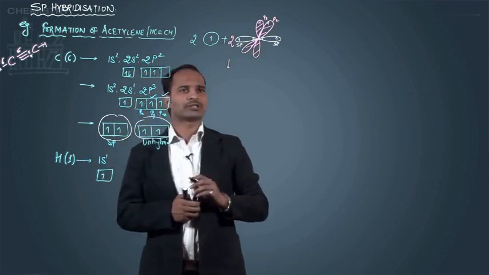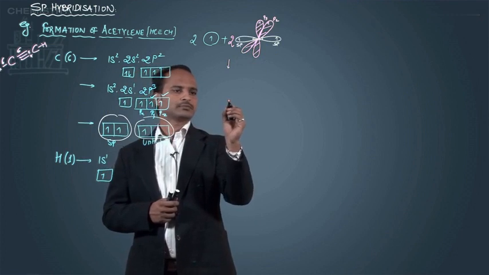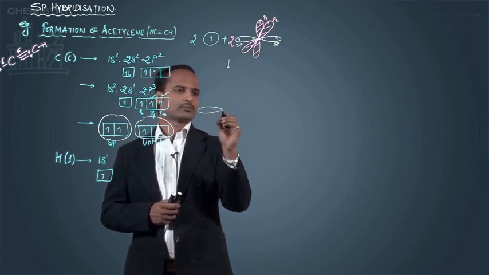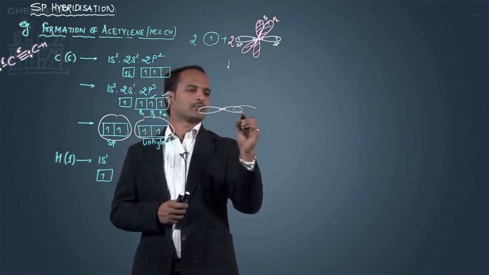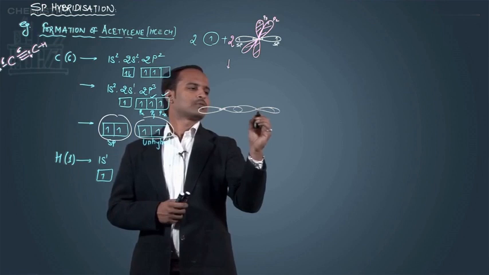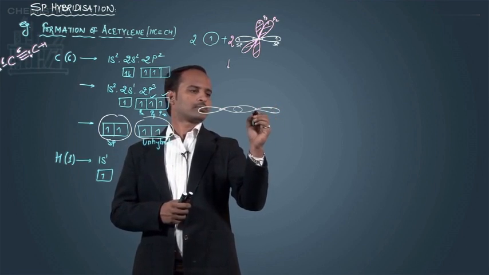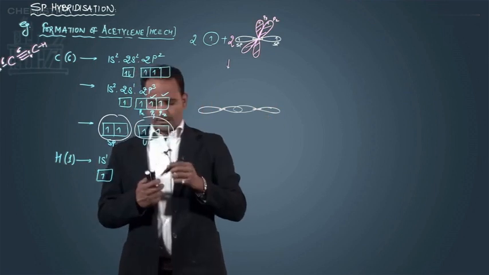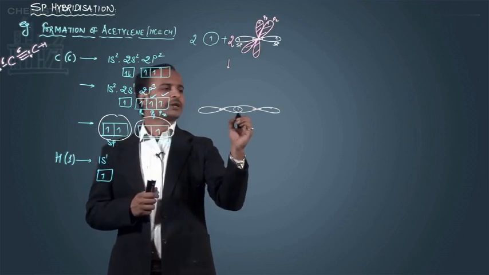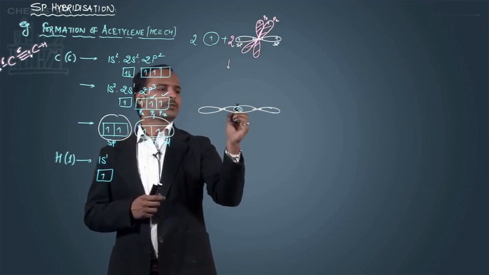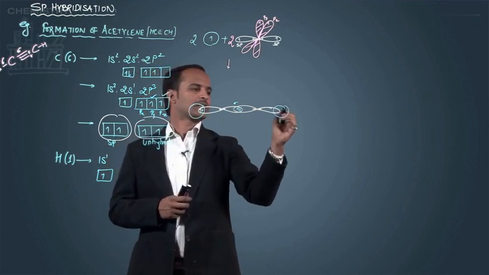So here the bonding will be something like this: first carbon atom, second carbon atom. Overlapping takes place between the 2 carbons, so between the 2 carbon atoms this is going to be a sigma bond. The first hydrogen is here and the second hydrogen will be here.